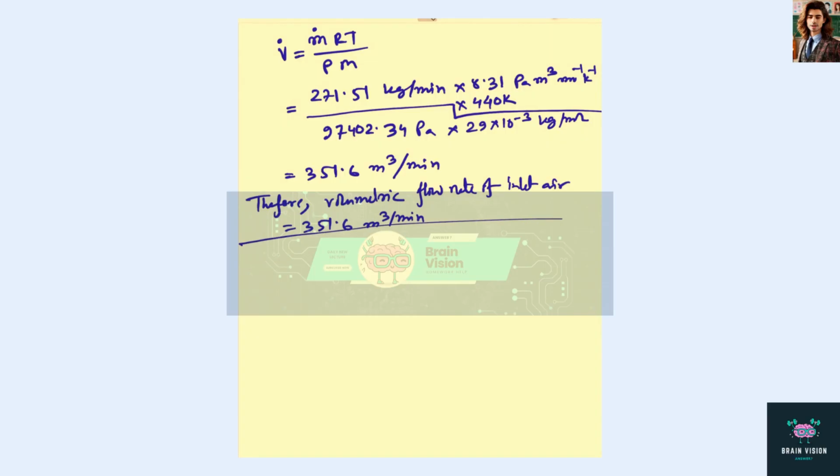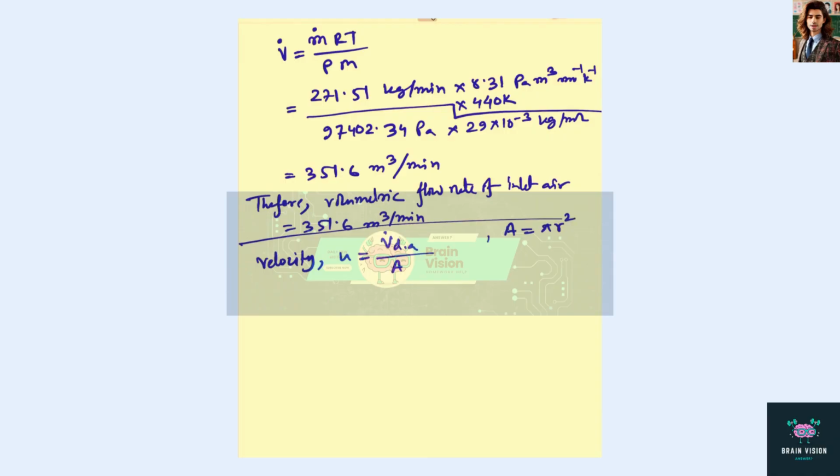And finally, we need to calculate the velocity of air at the bottom of the dryer. We know that velocity U is equal to the volume rate of dry air divided by the area.